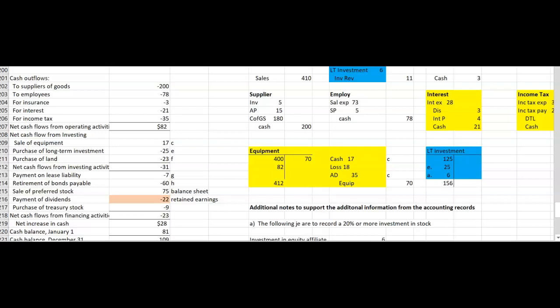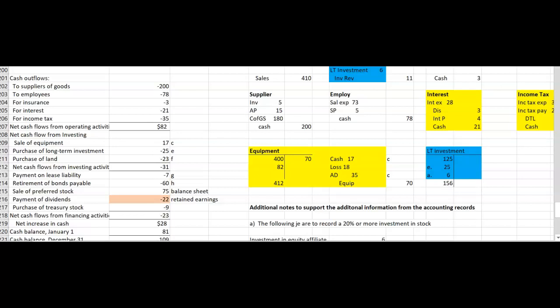I encourage you to not think the accounts that have to be looked at are limited to equipment, long-term investments, and land. You would have to analyze all other long-term assets.